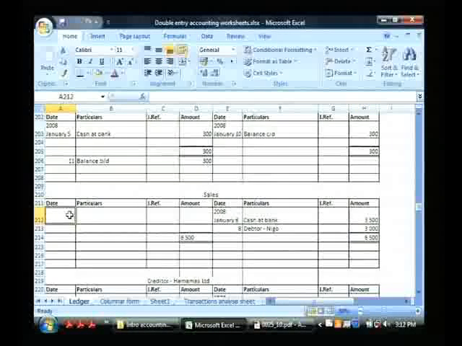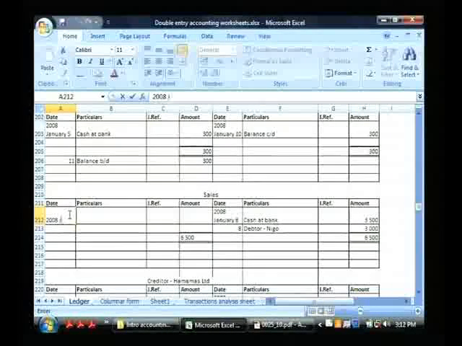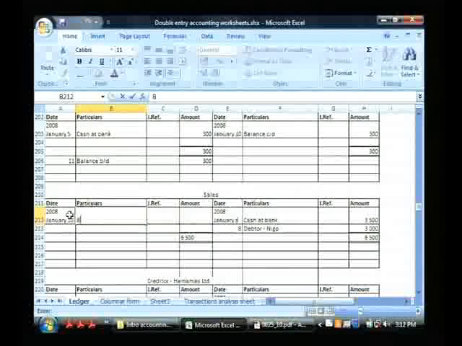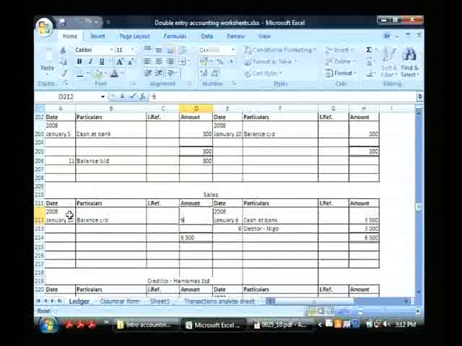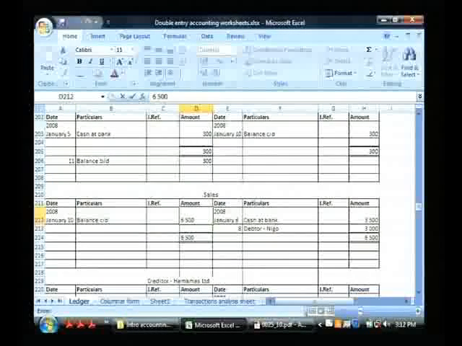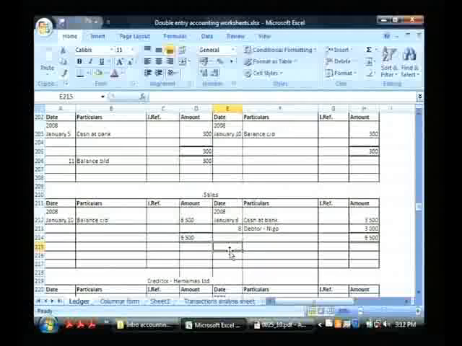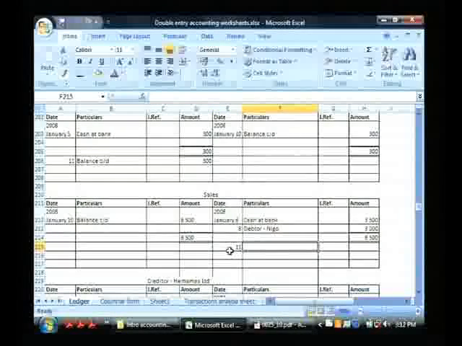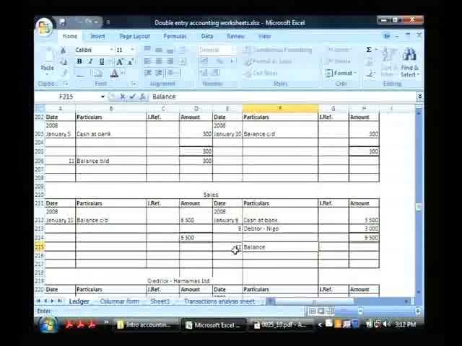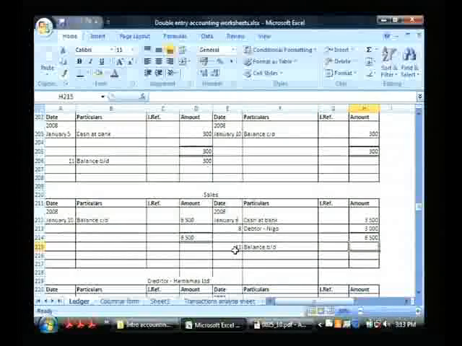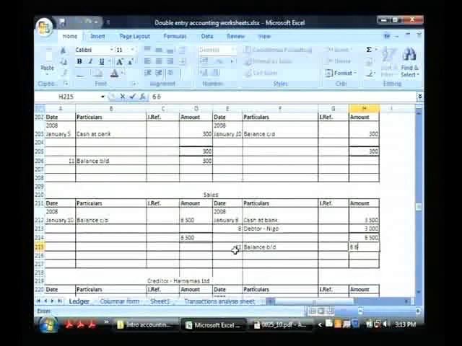Date 2008, January 10th, balance carried down 6,500, and on the 11th balance brought down 6,500.